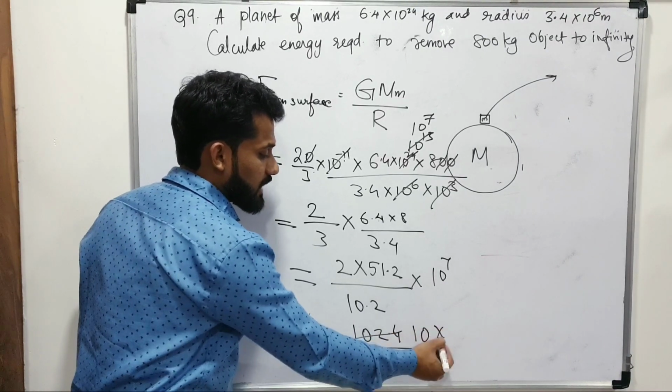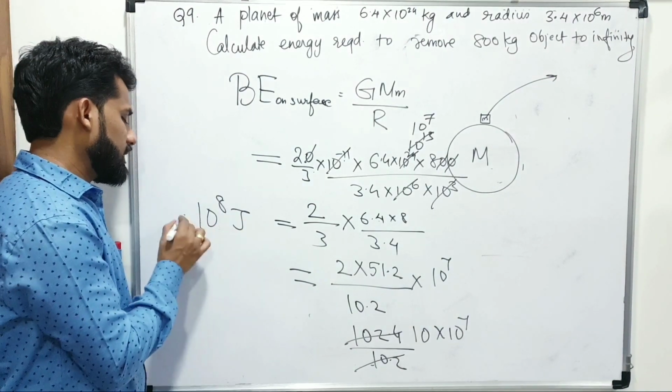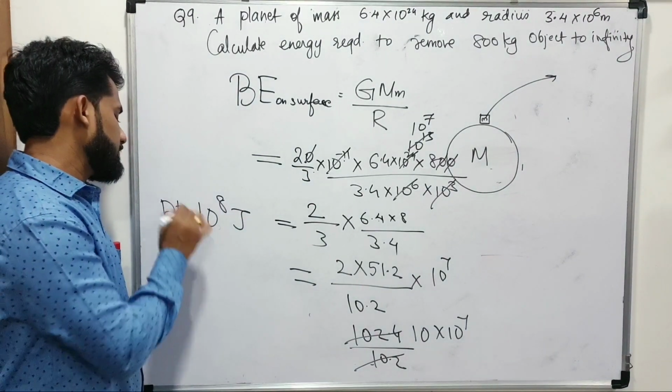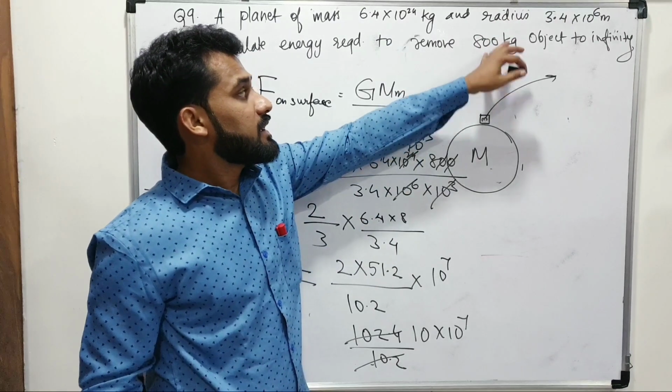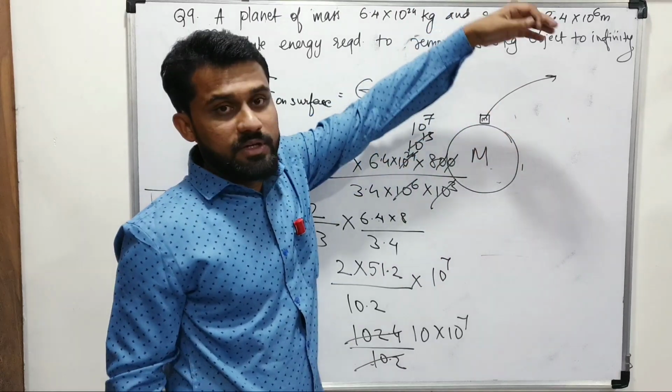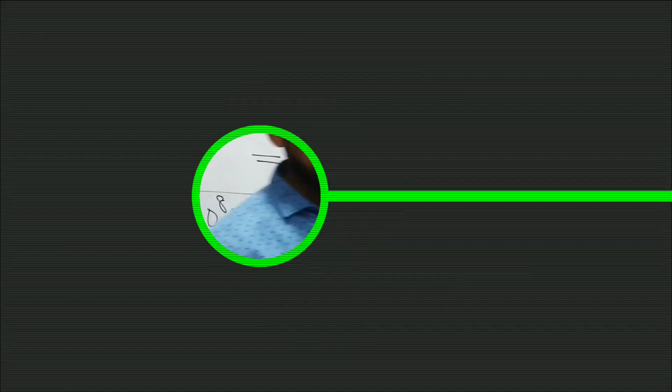So 10 into 10 raised to 7, that is 10 raised to 8 joule. This is the binding energy, and this much energy will be required to take this object from the surface of this planet to infinity. So the answer for question number 9 is 10 raised to 8 joule.